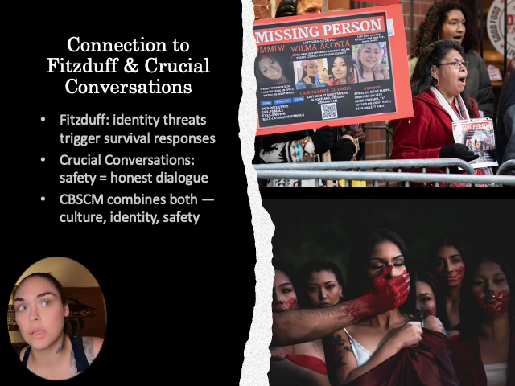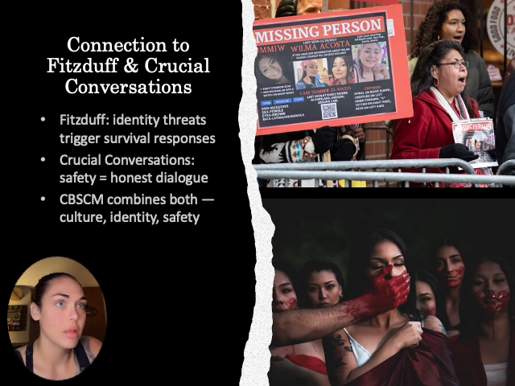So I think the reason that I use these two photos is because there's so many different ways of confronting these and having these crucial conversations. So one is to be silent, I guess, and then one is to speak out.